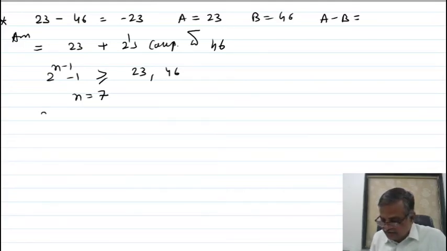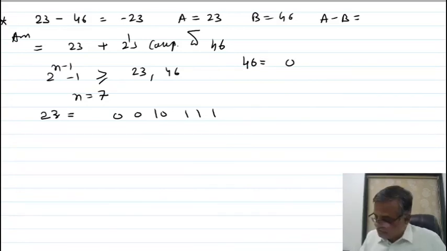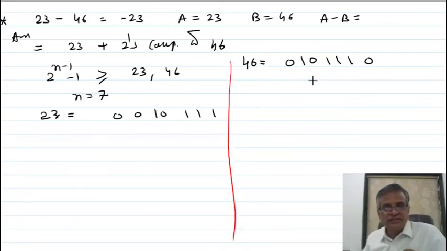23 I can write in 7 bits as 0, 0, 1, 0, 1, 1, 1. 46 I would write in 7 bits as 0, 1, 0, 1, 1, 1, 0. So I would write 46 like this.